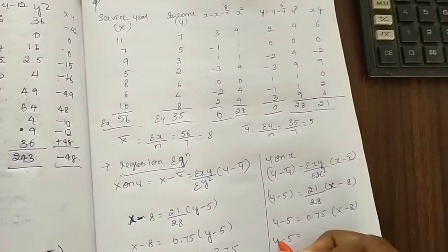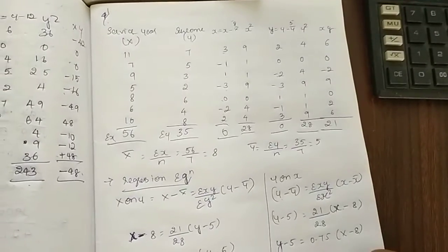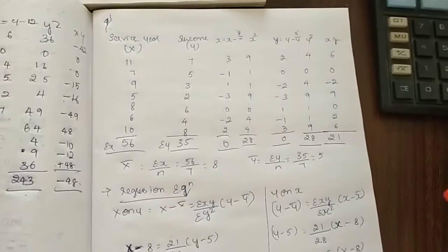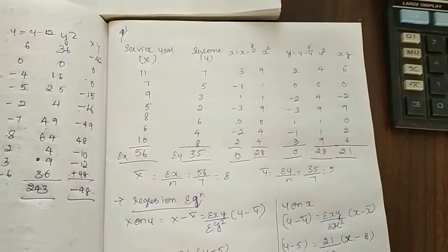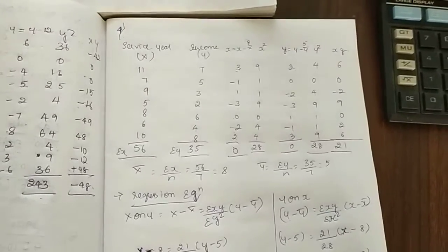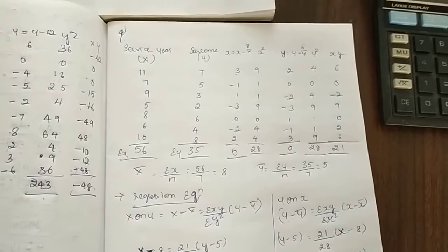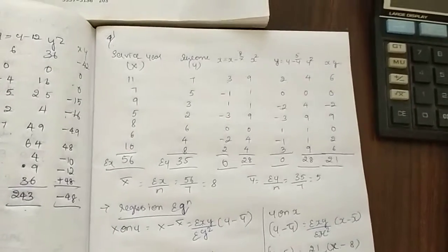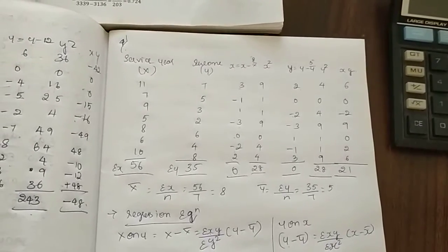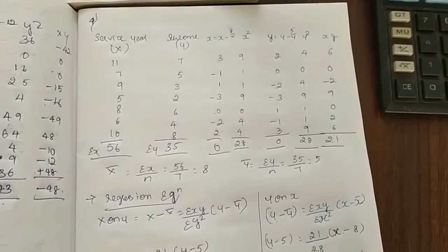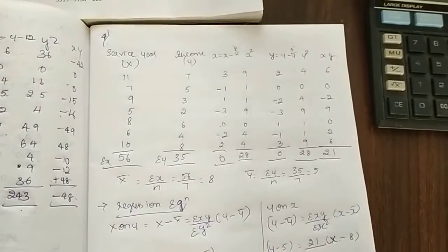Y is equal to 0.75 X minus 0.75 into 8, whose value is 6. Y is equal to 0.75 X minus 6 plus 5. Y is equal to 0.75 X minus 1. This is equation 2.